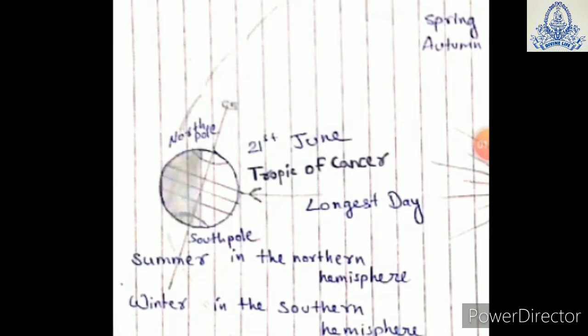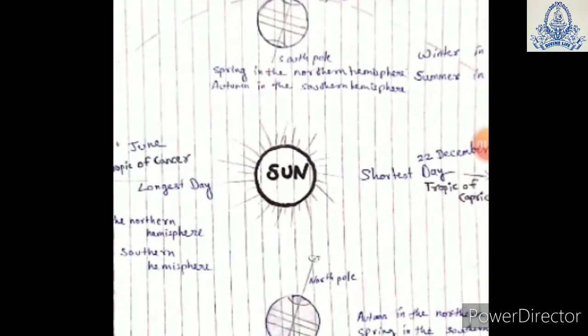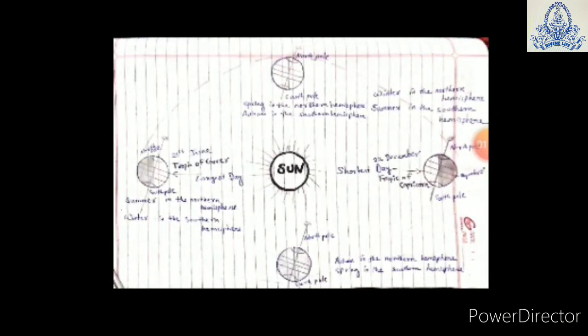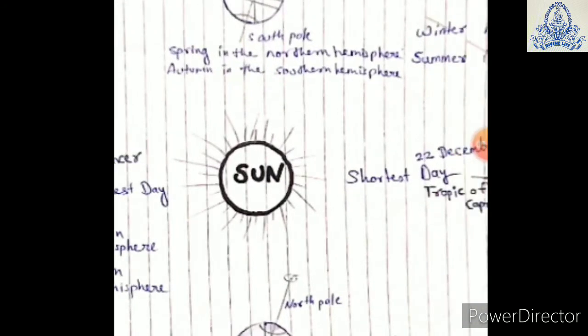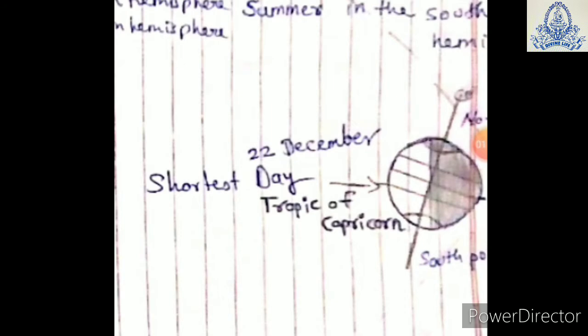If we talk about the duration of day and night, I already explained here how we can see. If we go to the first picture of this earth, we can see that the earth is tilted towards the sun.